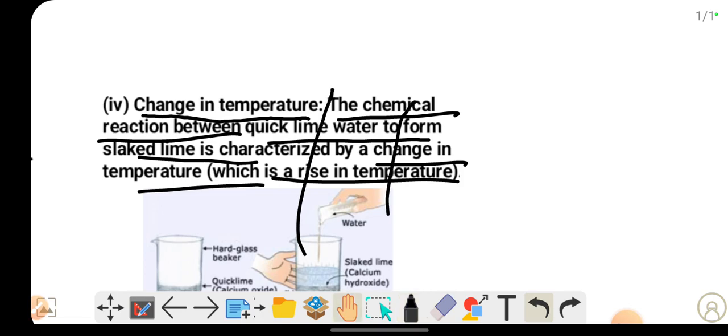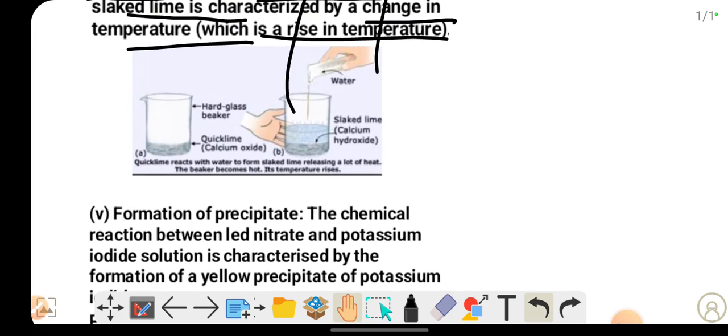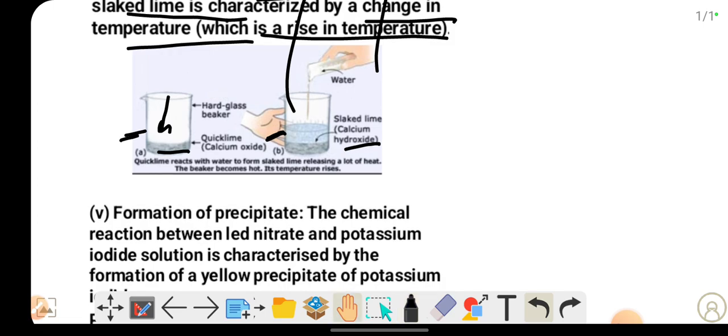So here, this is the phenomenon. This is the quicklime, calcium oxide, dissolved in water, and after some time you observe some heat from it. Okay, this is because of the formation of calcium hydroxide. Here we observe some heat. So this is the change in temperature.